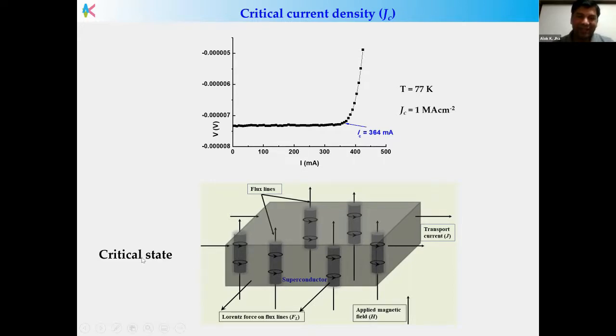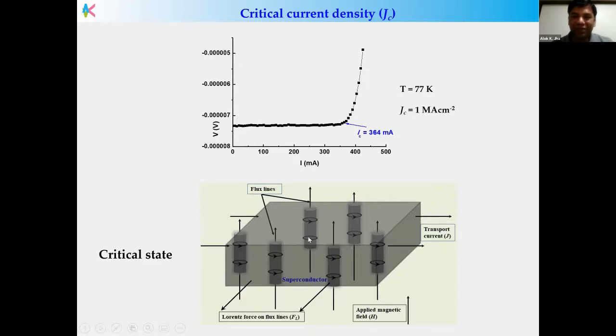When the superconducting sample is in the mixed state or vortex state, and we start flowing some current across the specimen, then due to the Lorentz force, which is actually the vector product of the transport current and the applied magnetic field, there appears a Lorentz force which starts pulling these vortices along its direction.